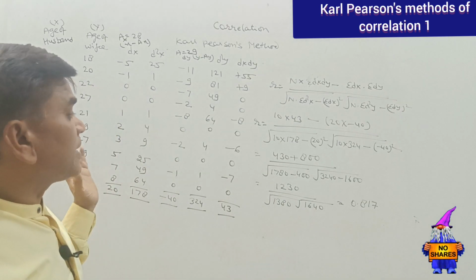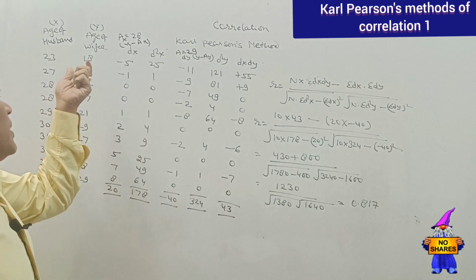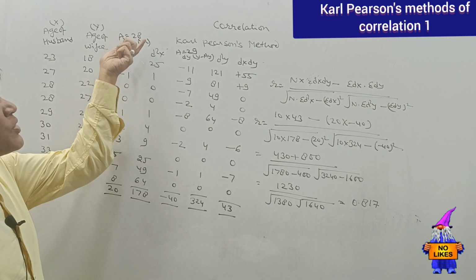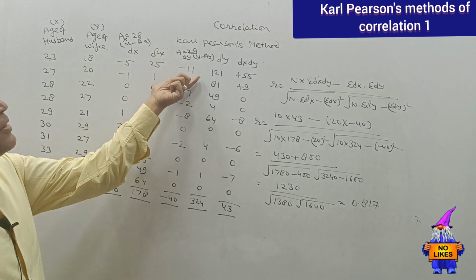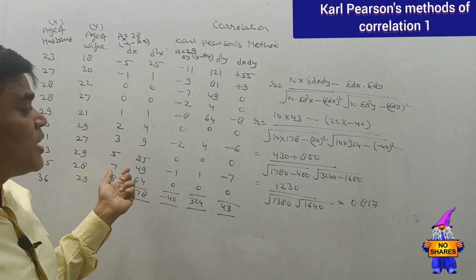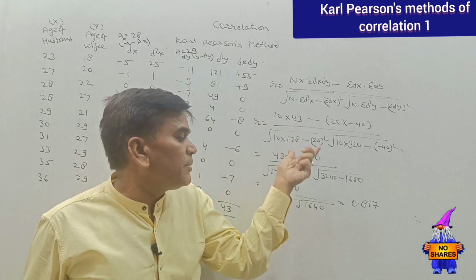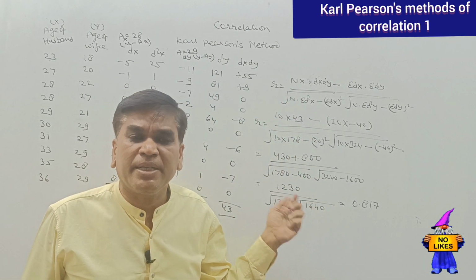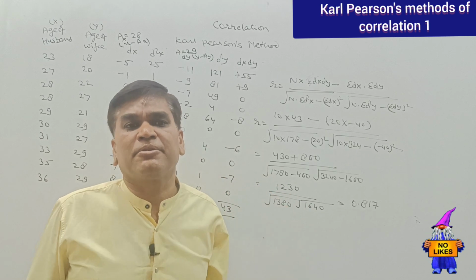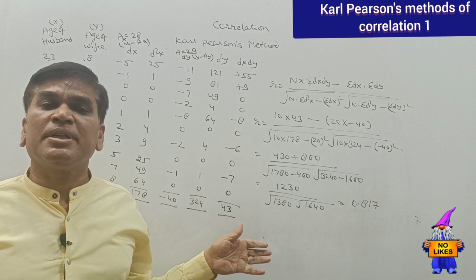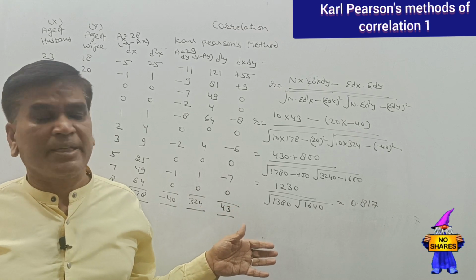If you feel this method is easier because we have assumed the arithmetic mean 28 in x and 29 in y, the value is the same. Already with the direct method we got the result 0.817, and with this method also we have got the same result.